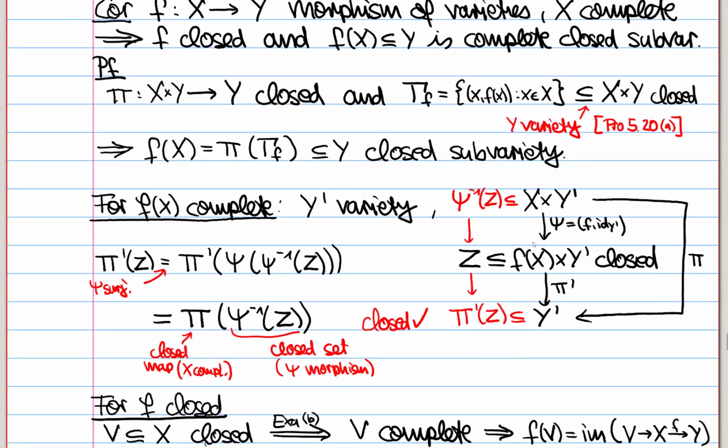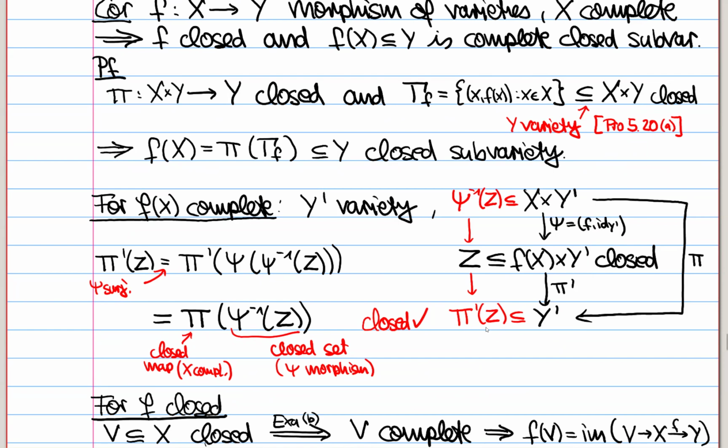To show that F(X) is complete, we want to show that for any variety Y', this projection map pi' is closed. So what we have to show is that when Z is closed in here, its image pi'(Z) is closed in Y'.